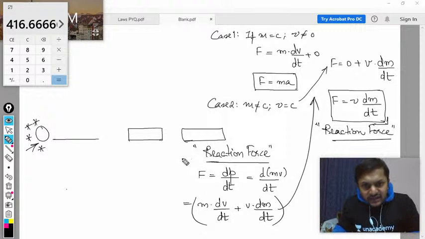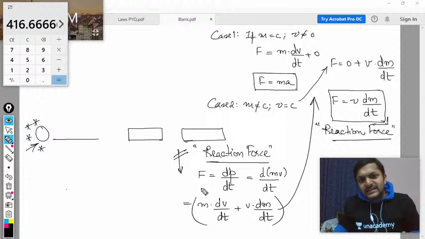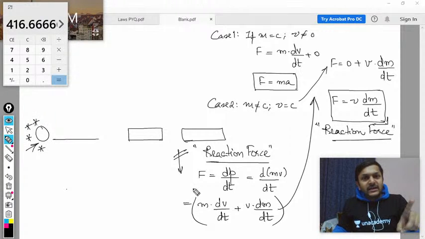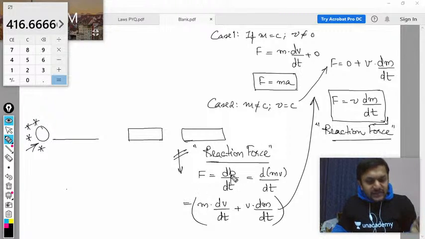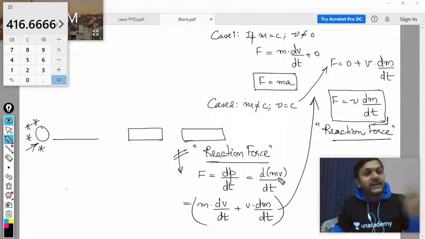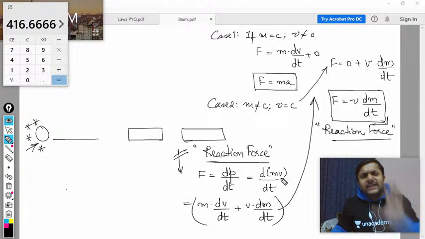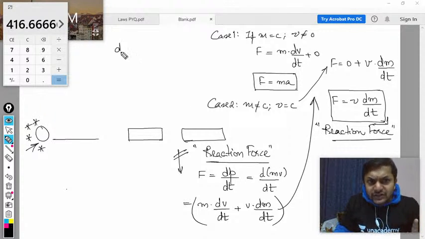You can see here we have started from this point. This is F is equal to dp by dt, and instead of p we have written m into v. So I believe you know the formula for differentiation of a product.